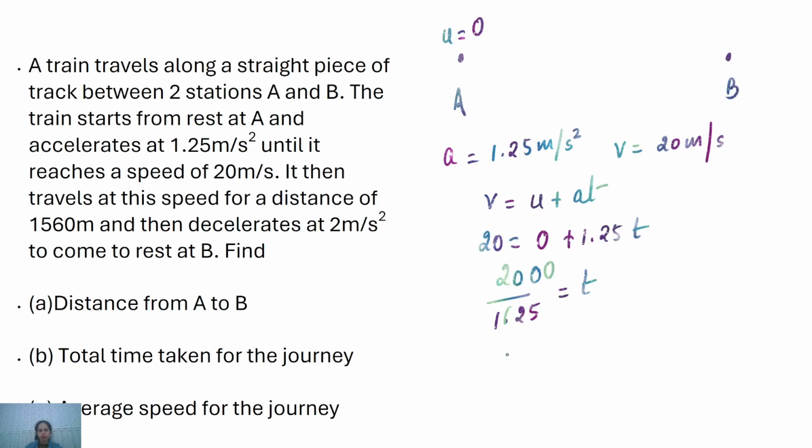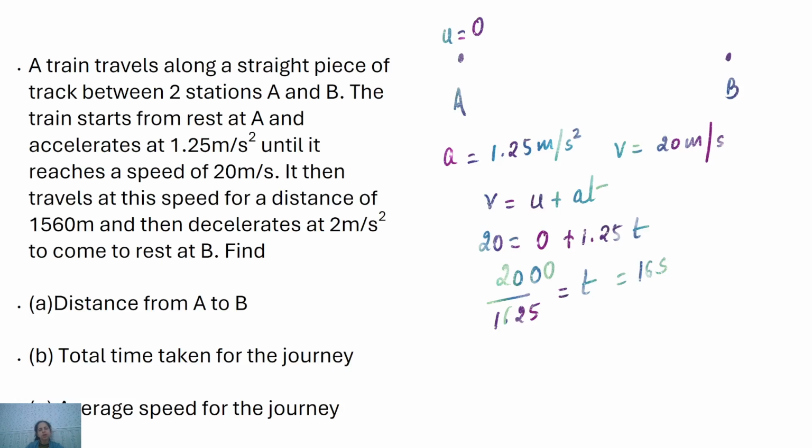So just calculating that, that comes out to be 16. So my time is then 16 seconds. Okay, 16 seconds. So got the time. So it's accelerating for 16 seconds, not the entire journey all the way up to B.